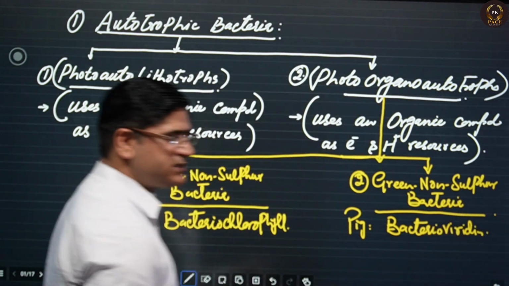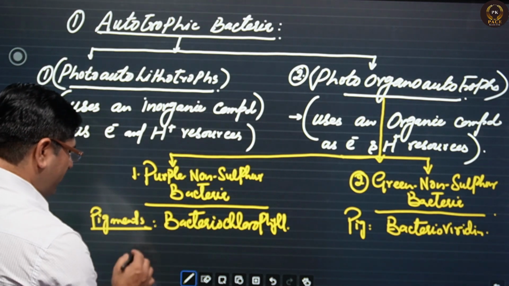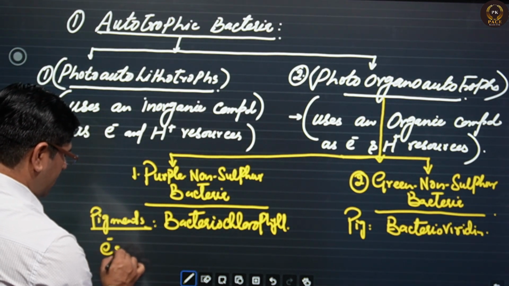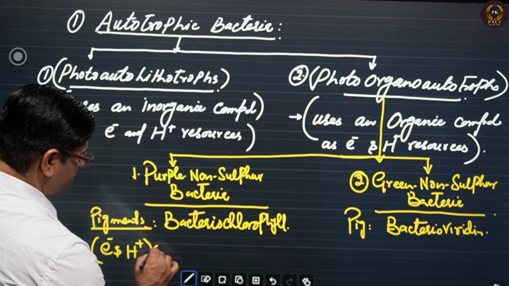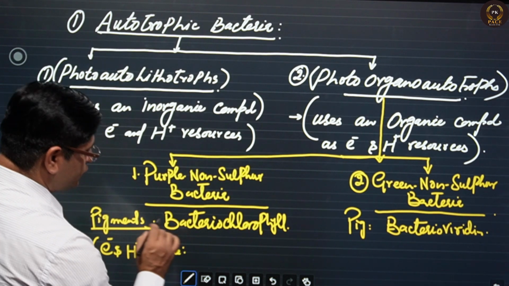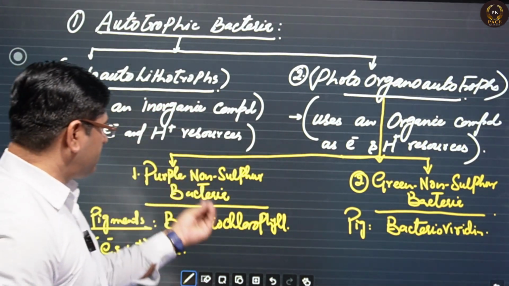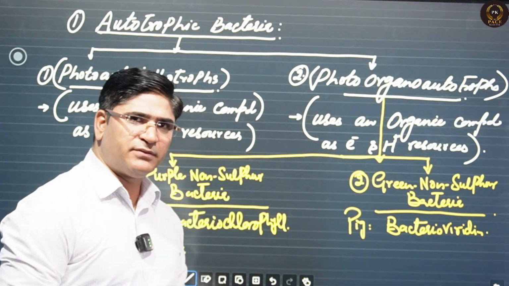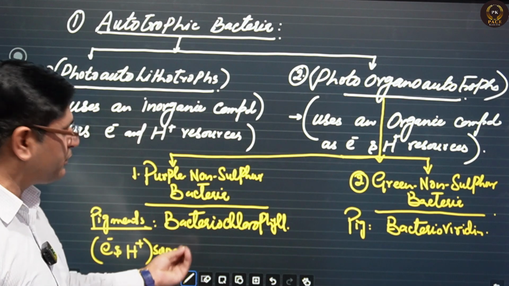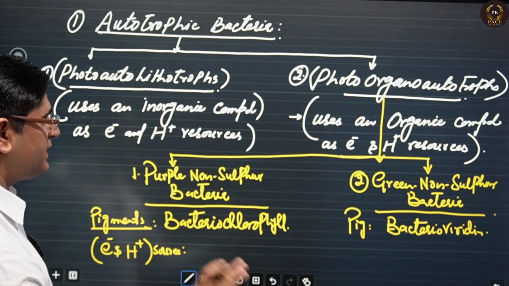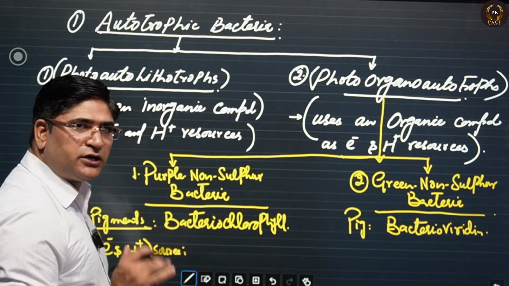So that is a difference in the pigments. Now if we see electron and proton resources, both categories of bacteria, purple non-sulfur and green non-sulfur bacteria, use the same type of electron proton resource.